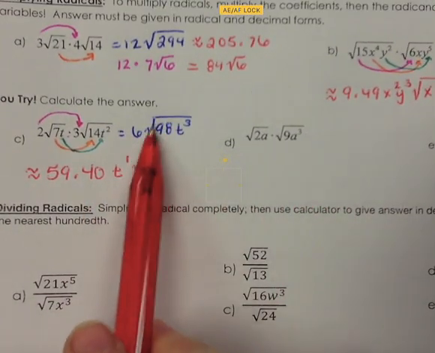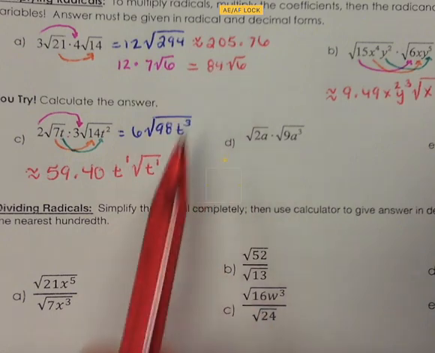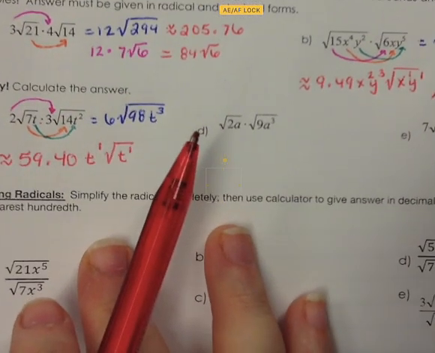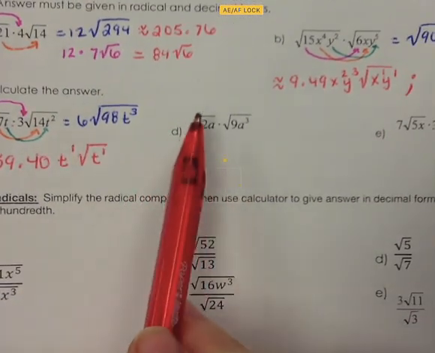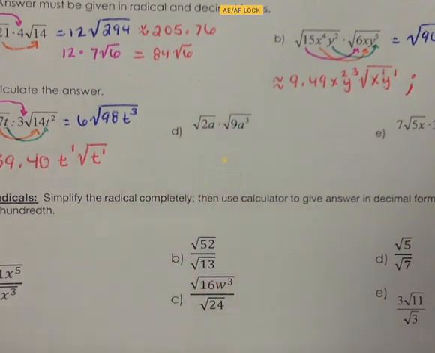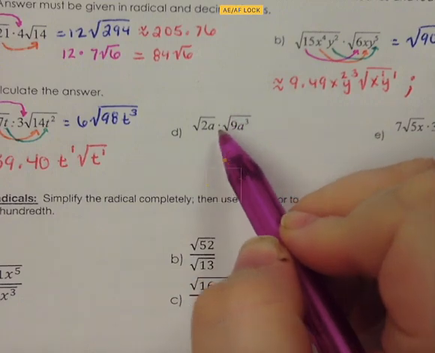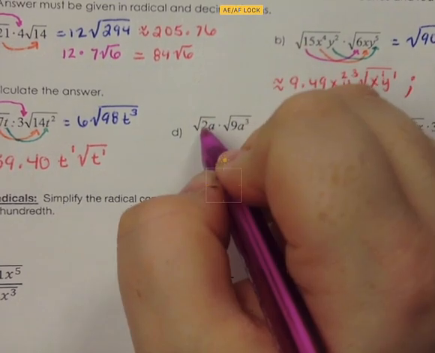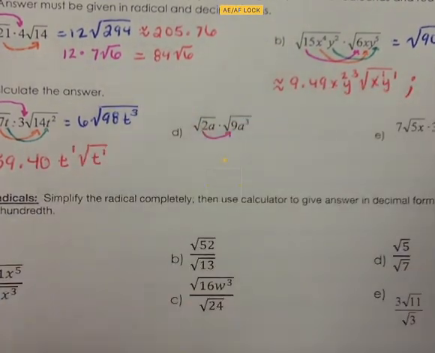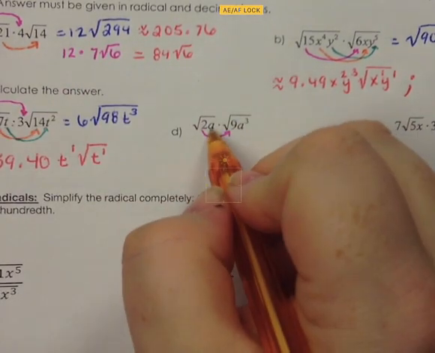Okay. So again, I'm not going to simplify it to the exact answer this time on these 3. On example D, they both have square roots, so we can multiply them. So again, there's a coefficient of 1, coefficient of 1. The radicands, 2 multiplies to the 9, and then a multiplies to a cubed.